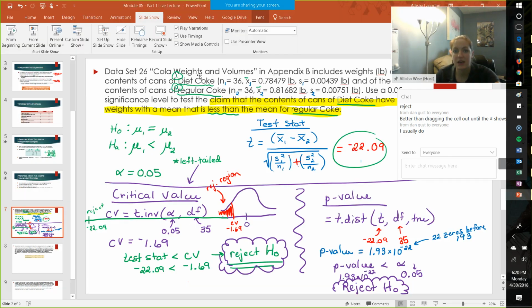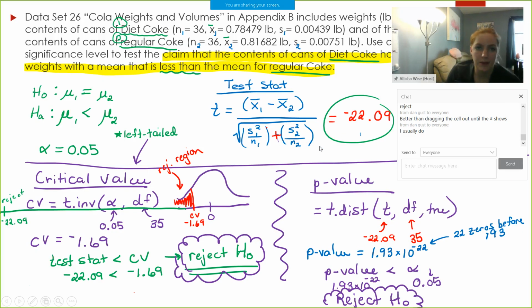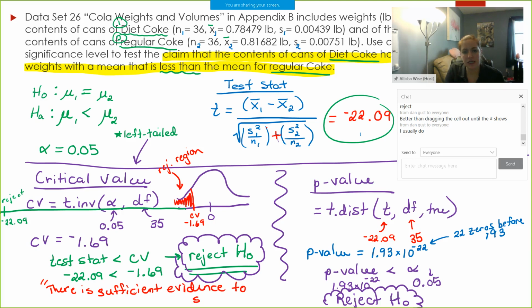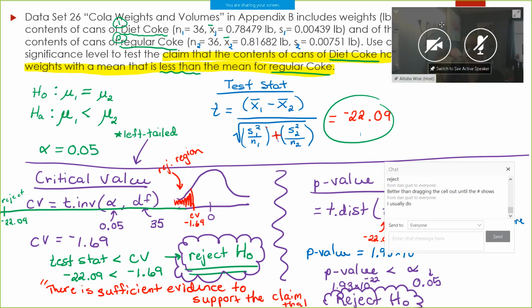So what do we say here? Let's throw up a little something, something. So we can support the claim. There is sufficient evidence to support the claim that... and I ran out of room, so I'm just going to highlight what you should be writing.